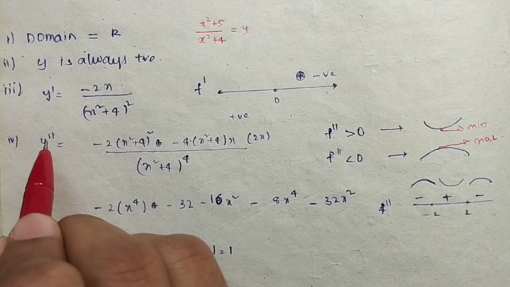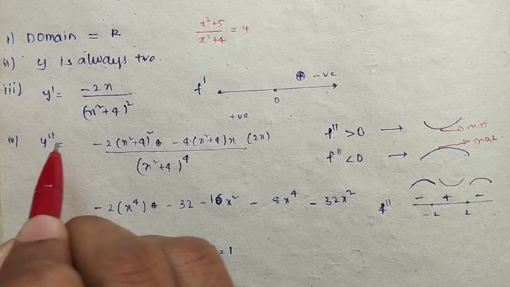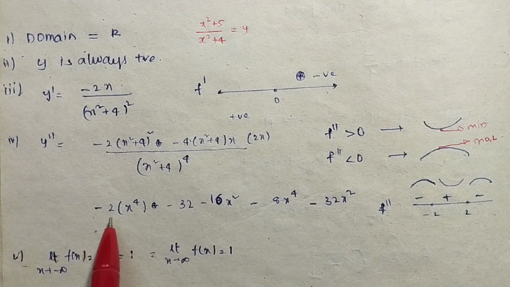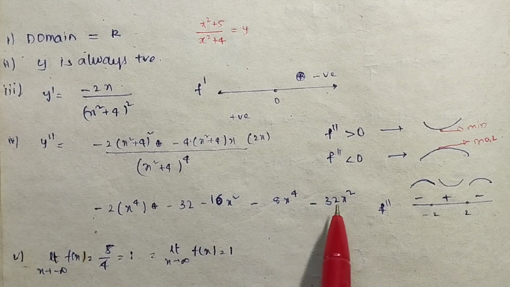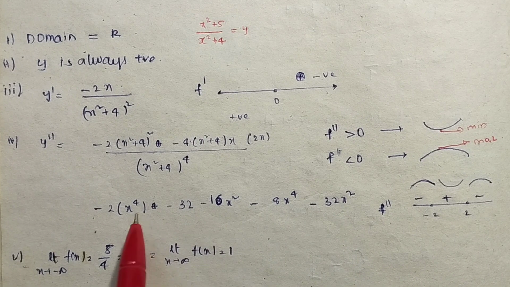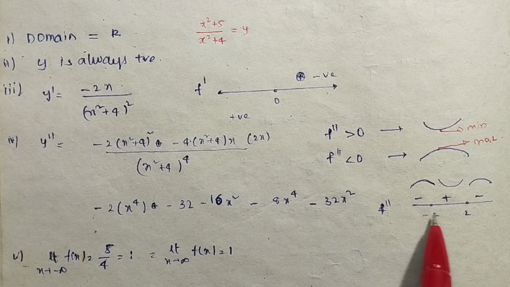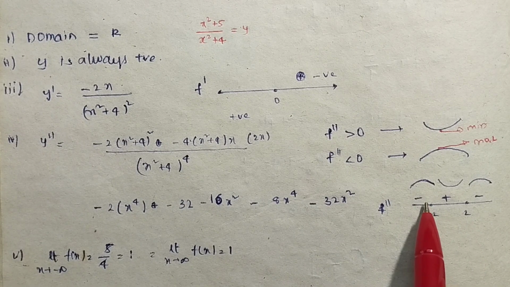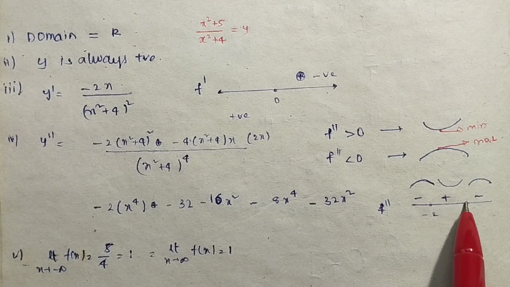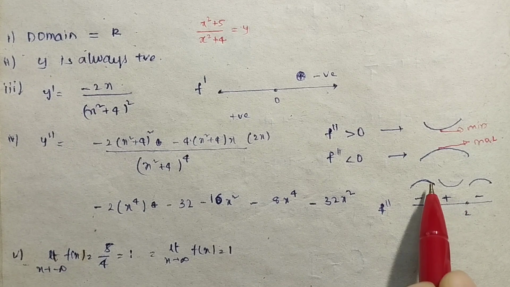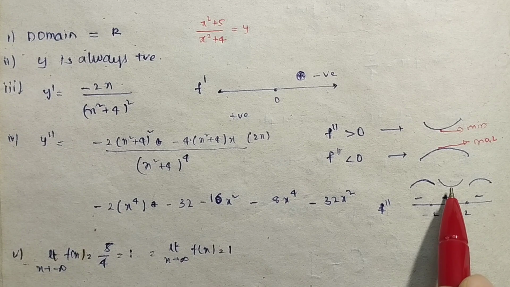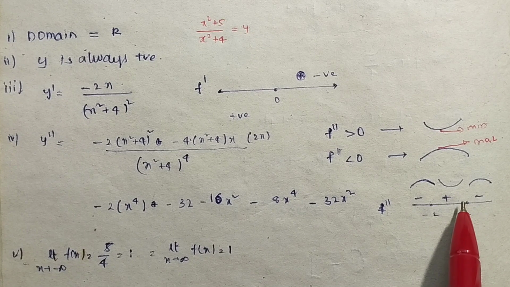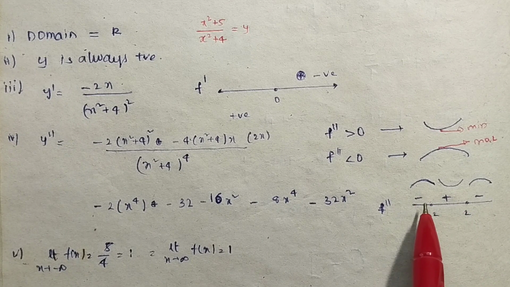And finding the double derivative of the function, solving this we get the roots as minus 2 and 2. So the second derivative is positive between minus 2 and 2, so it is concave up with minima between minus 2 and 2, and it is negative beyond 2 and to the left of minus 2.